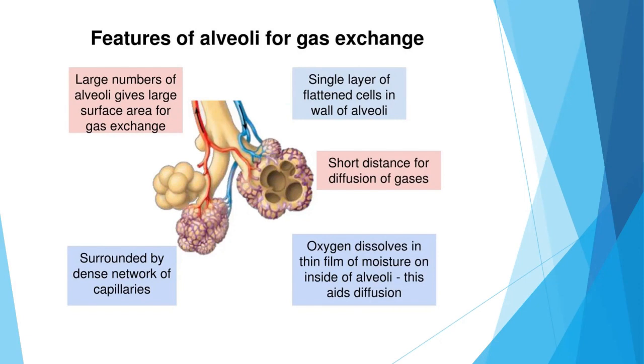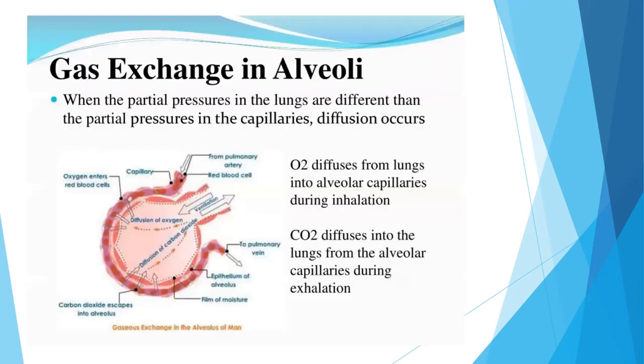This aids in the diffusion, and the alveoli are surrounded by a dense network of capillaries. For gas exchange in alveoli, when the partial pressures in the lungs are different from the partial pressures in the capillaries, diffusion occurs. The oxygen diffuses from the lungs into the alveolar capillaries during inflation, and the CO2 diffuses into the lungs from the alveolar capillaries during exhalation.